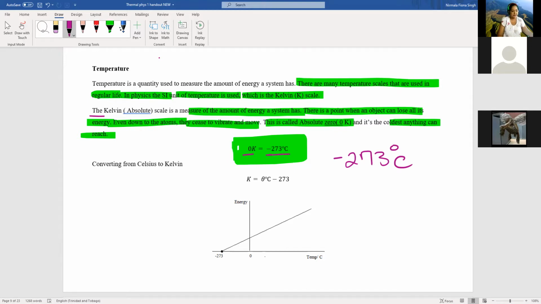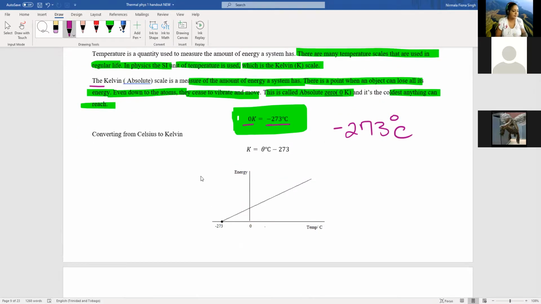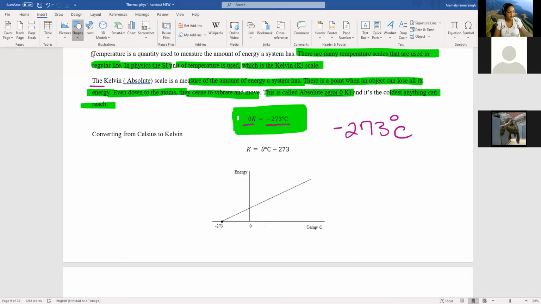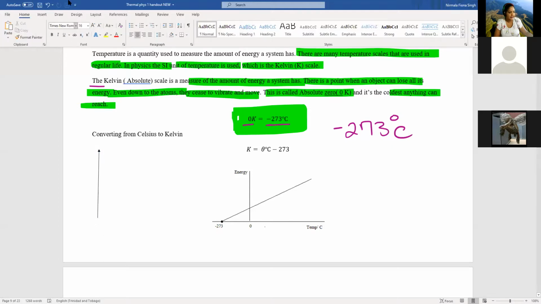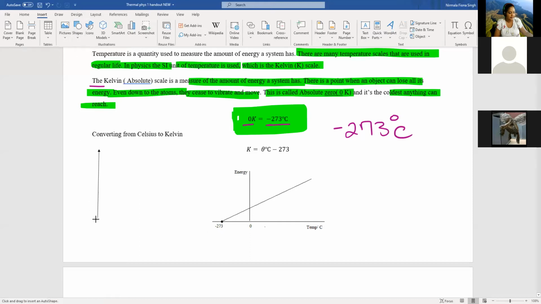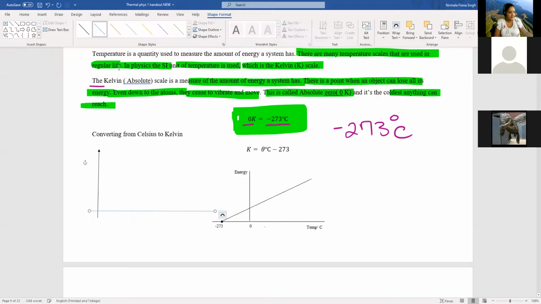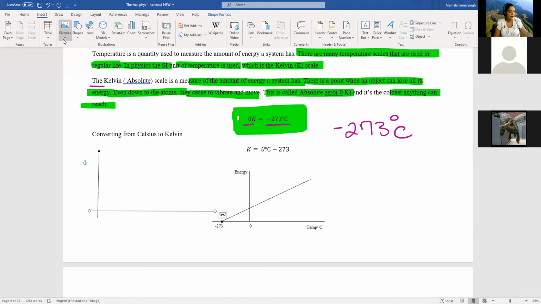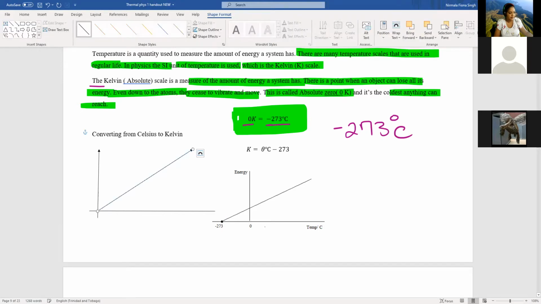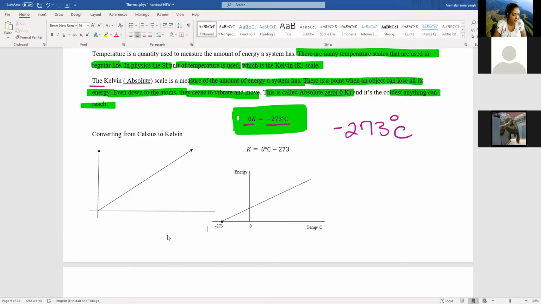If I were to plot a graph of energy, that's our energy axis, versus temperature in Kelvin, I would end up getting a straight line graph that starts from the origin, because I have no energy at 0 Kelvin.